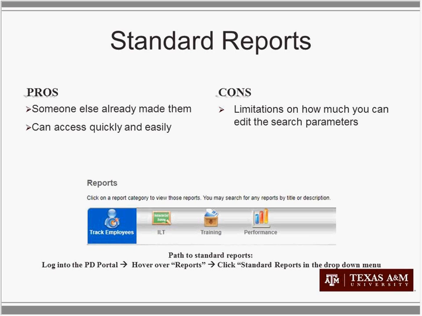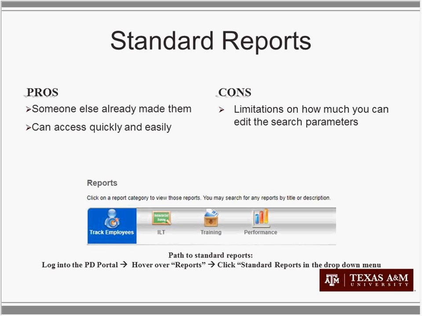So standard reports, the really nice thing about the standard reports is that someone else has already made them, and it's pretty easy to go into the portal and open up and get data. The downside of the standard reports is that you can't really edit the search parameters. The standard reports that we'll look at in a few minutes, you'll see that some just show you the data.